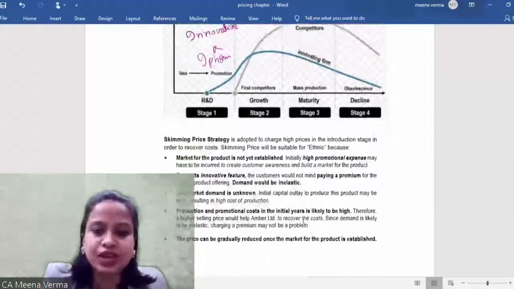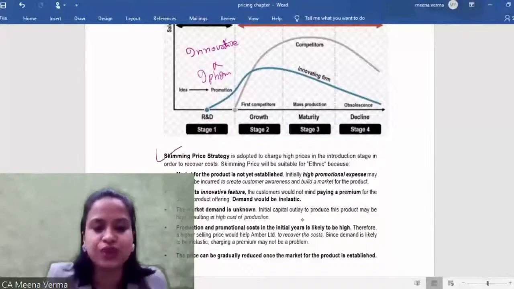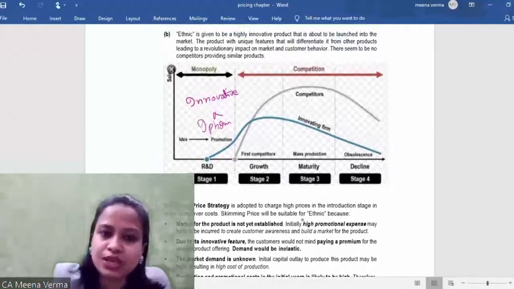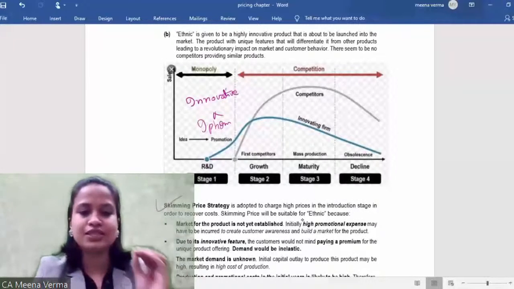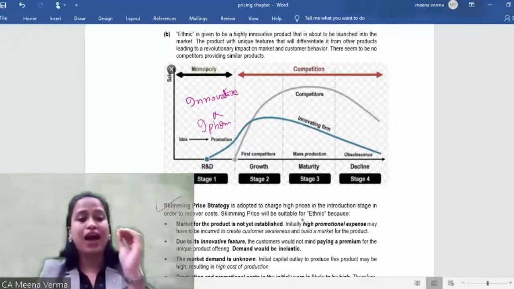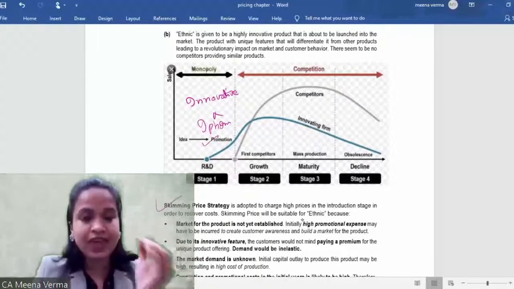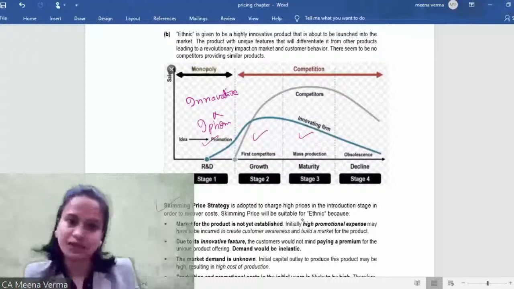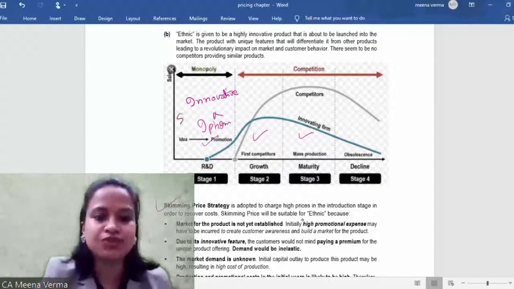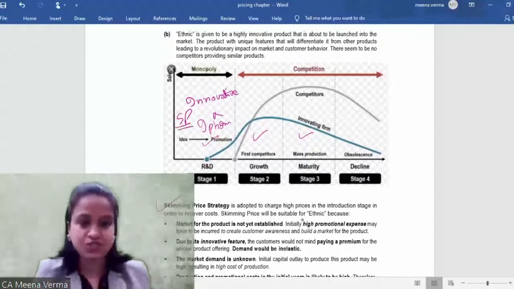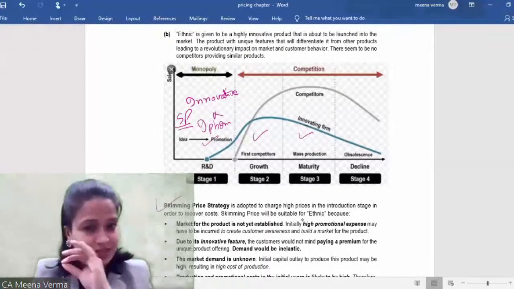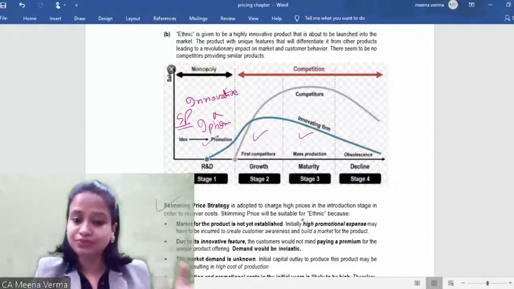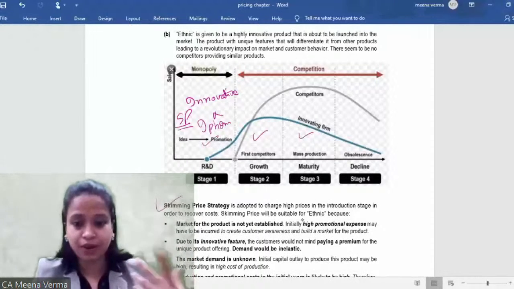Now see here, if they follow skimming pricing strategy, it means they will keep the selling price of their product high initially, and then gradually in the growth and maturity stages they will decline the selling price. Why is the selling price high in the introduction stage? Because they want to recover all the research and development cost and all the promotional expenses for making customers aware of their product.